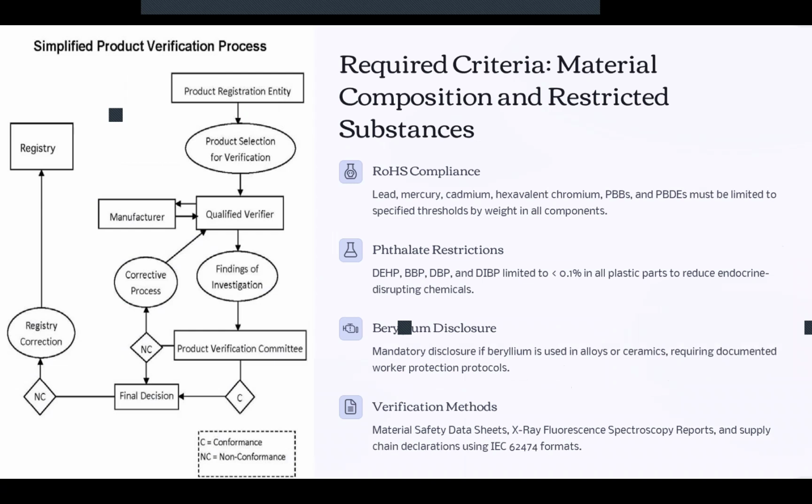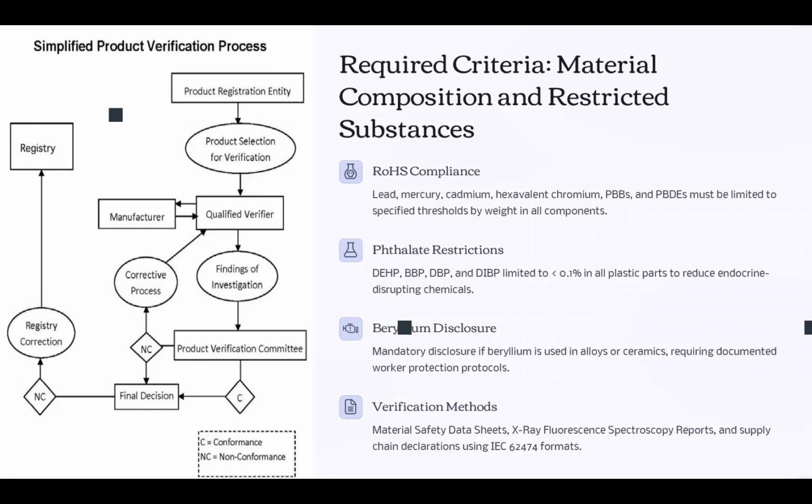IEEE 1680 has some firm rules when it comes to materials, especially hazardous ones. If you don't meet these, you can basically forget about the certification. There are strict limits on toxic substances like lead, mercury, cadmium, hexavalent chromium, polybrominated biphenyls, and polybrominated diphenyl ethers.